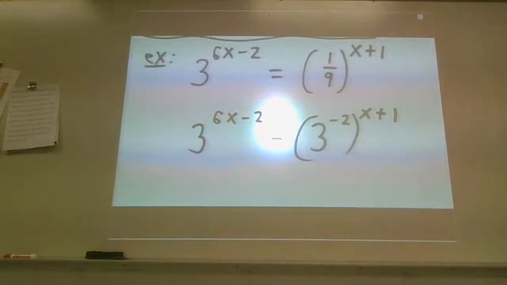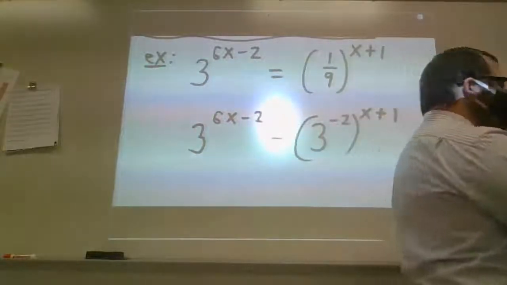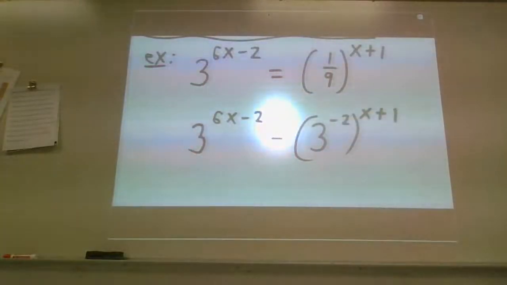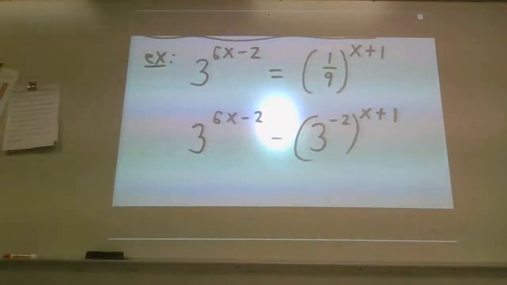But we have this thing floating up on the screen now. Inside of those parentheses, I want you to bring your attention to what is inside of those parentheses right now. Originally, inside the parentheses, you had the fraction 1 over 9. Now, clearly, hopefully, you can recognize the fact that 9 is 3 squared. We've known that for quite some time.